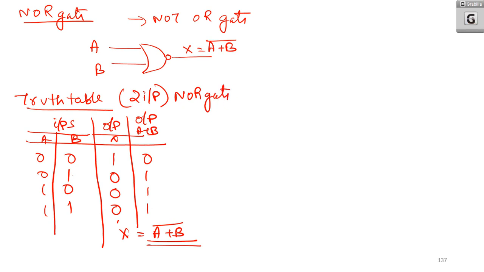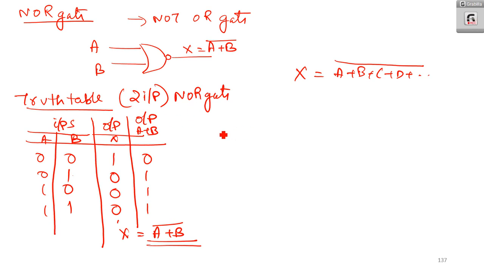If you are going for more than one input, you can write like this: X is equal to A or B or C or D or etc., the whole bar. So here how will you define a NOR gate?